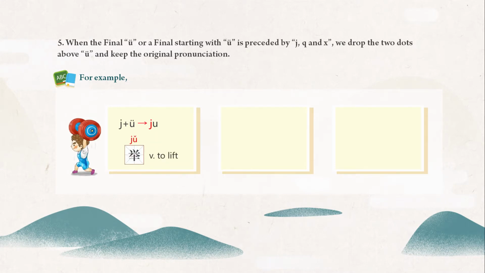When final ü is preceded by q, we got a pinyin qu, such as word qu. When final ü is preceded by x, we got a pinyin xu, such as word xu.